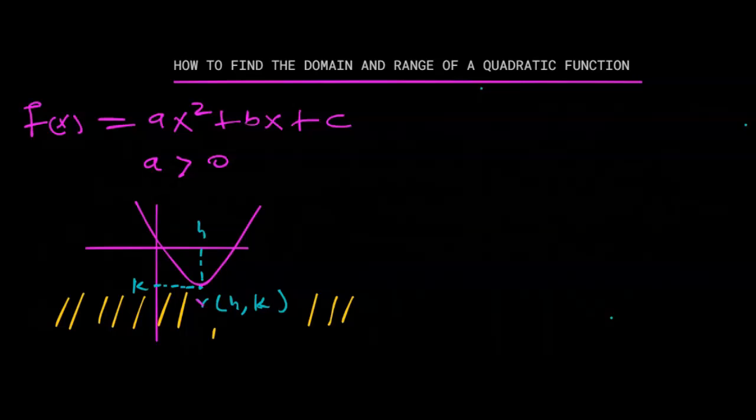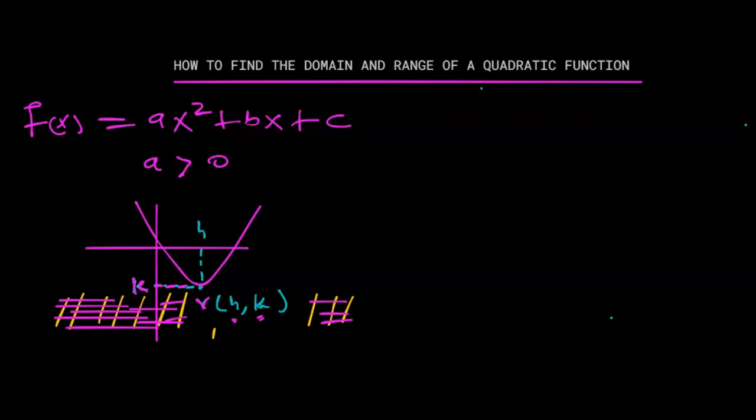At this point we call it the vertex of the curve, and the graph will never go below the vertex. If the x coordinate of the vertex is h and the y coordinate is k, then at k here we will never get the graph below it. So at this point of the graph we don't know what is there, so that point is not defined.